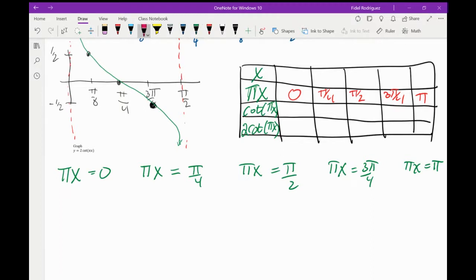All right. So from the first one, if we multiply it by 1 over pi on both sides, x is 0. Put a 0 right here.